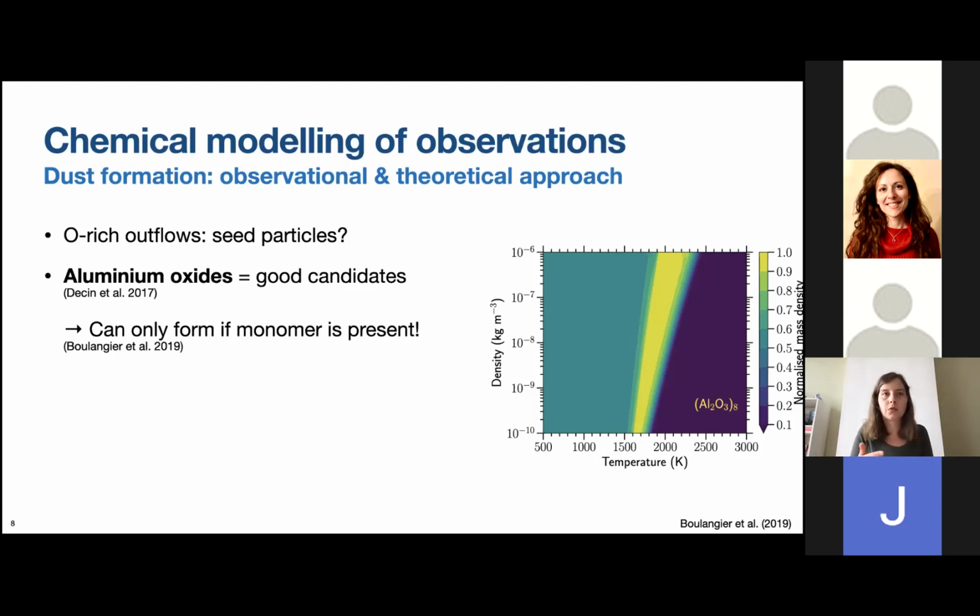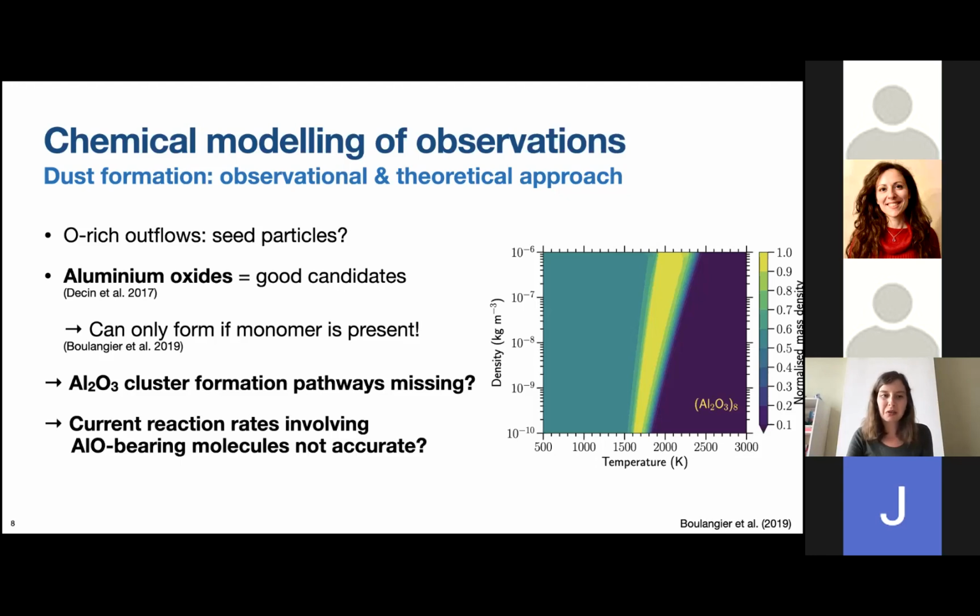So you can't start out with just aluminium and oxygen floating around, which is the case in the outflow. So are there perhaps cluster formation pathways missing, or are the reaction rates involving the production of the monomers not accurate, or both? That's also possible. So there's still lots of work that needs to be done, both observationally and theoretically.